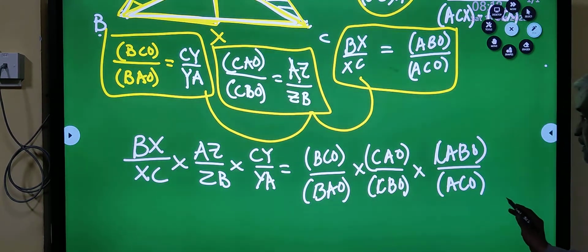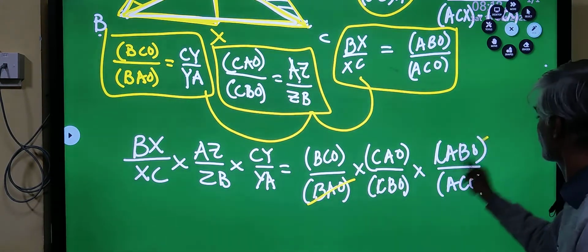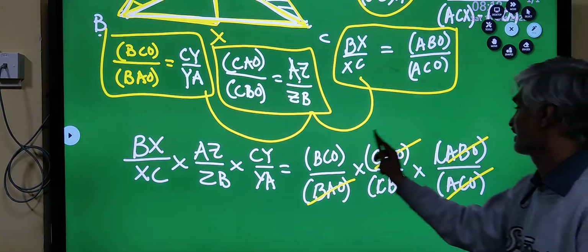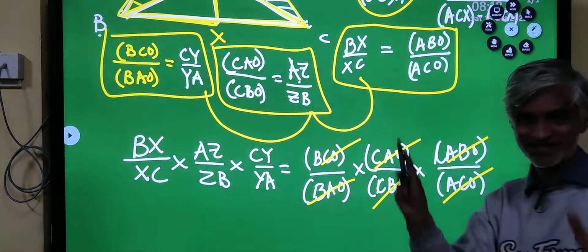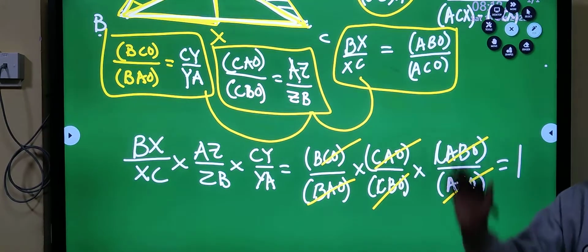I'm hoping that they all cancel out each other. Indeed they do. This one will cancel out with this, and this one cancels out with this, and this one cancels out with this, and I can heave a sigh of relief. This is 1 and we are done.